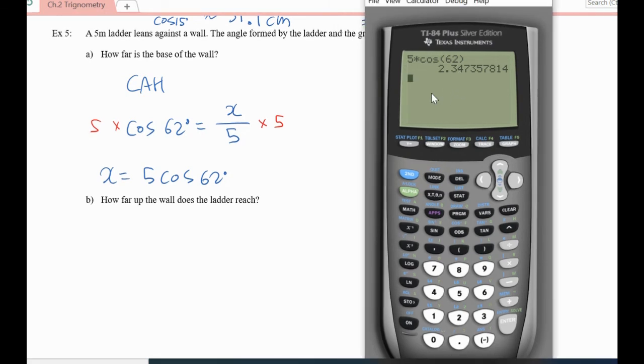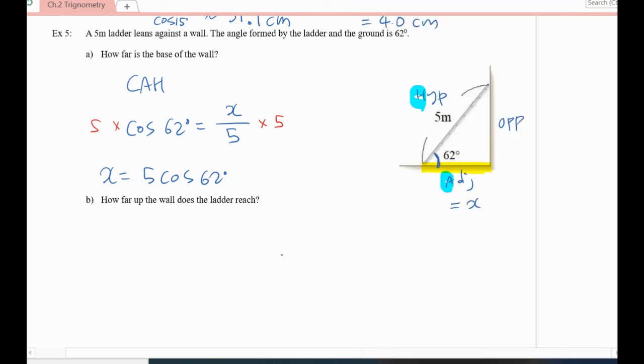Let's keep one decimal, and that is 2.3. Let's keep two decimals just in case, so 2.35 meters.